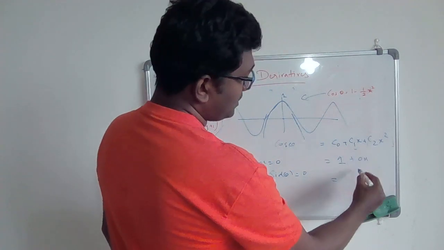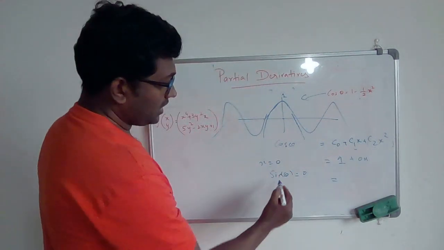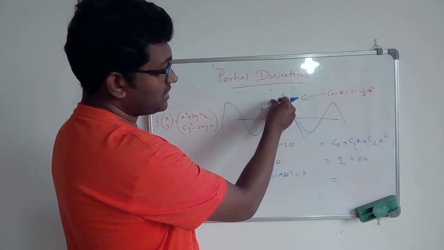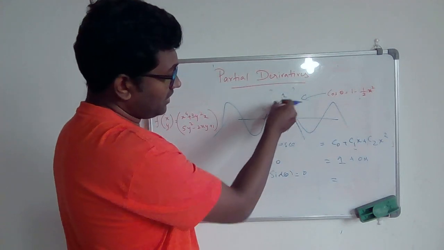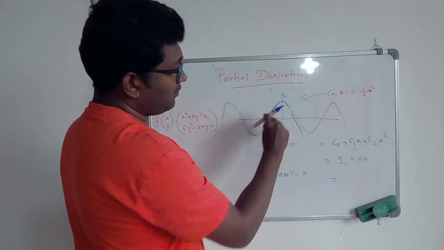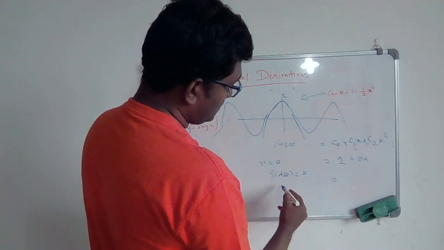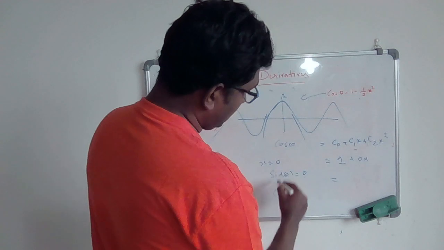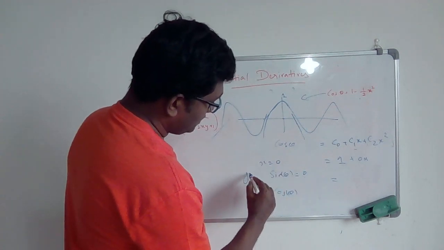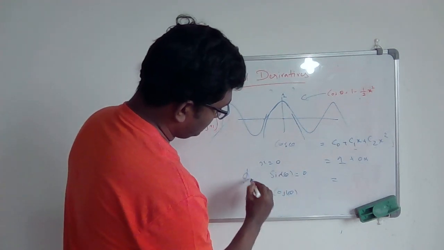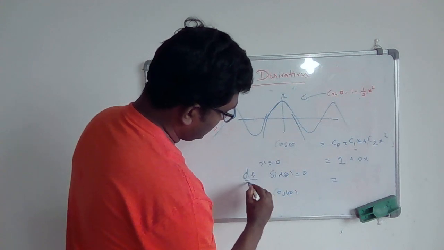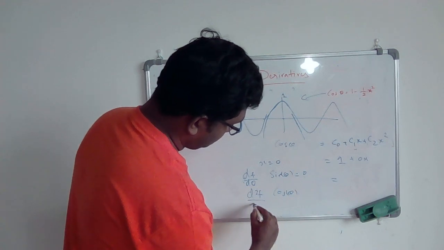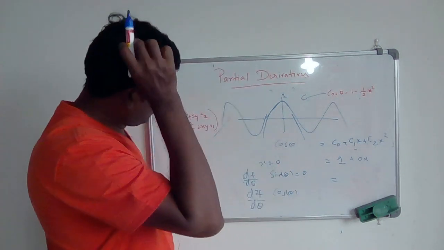And next, if you expand this to the second order derivative: the first derivative, the slope, is 0, we got it. The second derivative is like the slope after that, which becomes negative. Sine theta becomes cos theta, and this is the second derivative. The first is df by d theta, and here is d squared f by d theta squared.